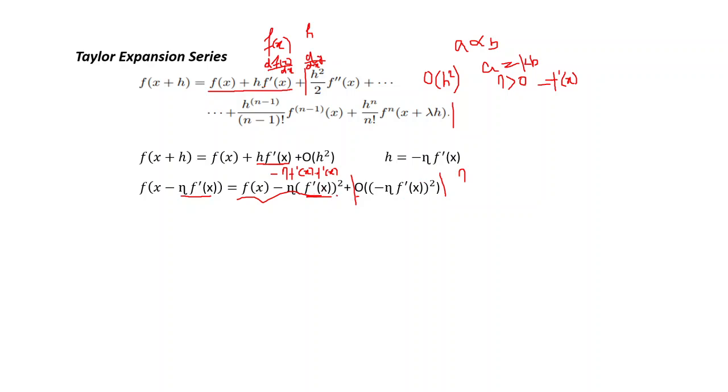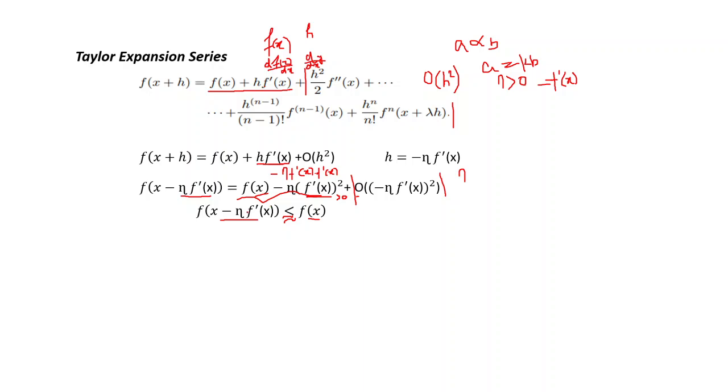So this is also going to be greater than 0. So we can say that we are subtracting some value from this function f x. So in other words, we can say that f x minus eta f prime x is almost equivalent to less than f x, because some factor is getting subtracted from f x.